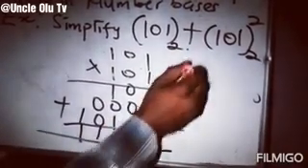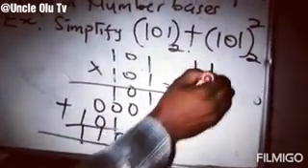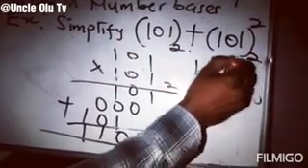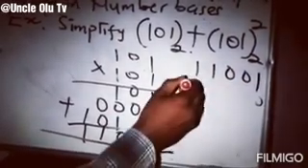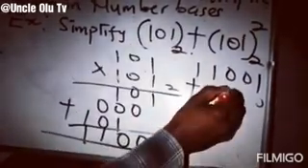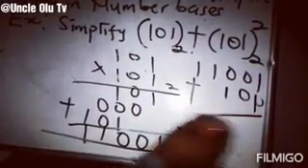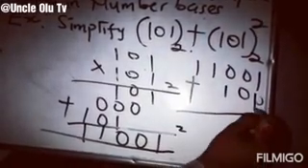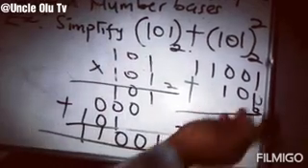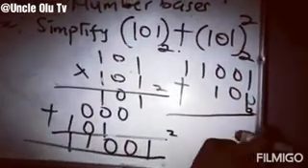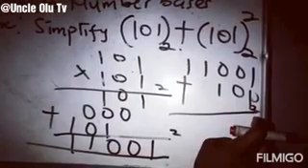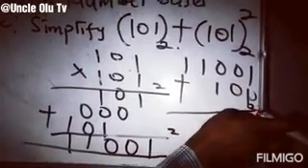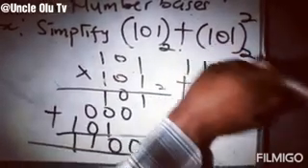So it shows that we got 1, 1, 0, 0, 1, plus we had 1, 0, 1, all in base 2. So 1 plus 1, 2. So it's up to base, so you cannot write it down like that. So that means you divide by base. 2 divided by 2, 1 remainder 0.